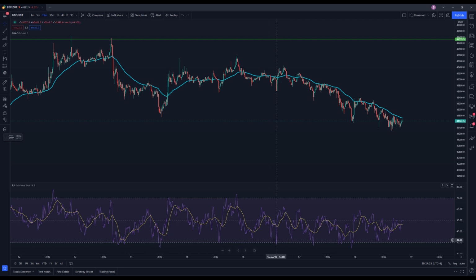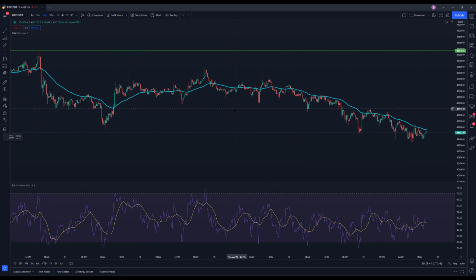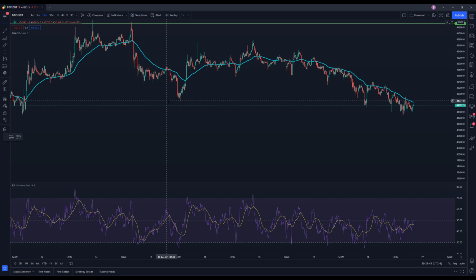Normally this is a sell signal and this is a buy signal. As you can see, it was overbought here and it went down immediately. Right here, it was oversold and it went up immediately. It doesn't always work, of course, it would be too easy, but that's the main principle of how it works.